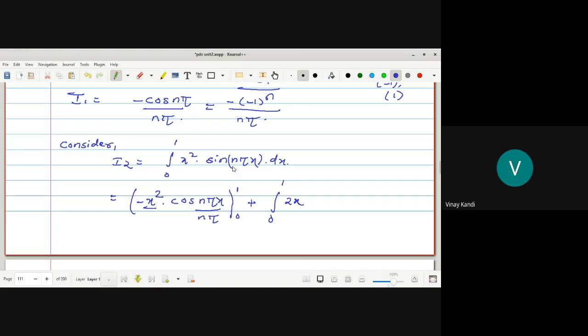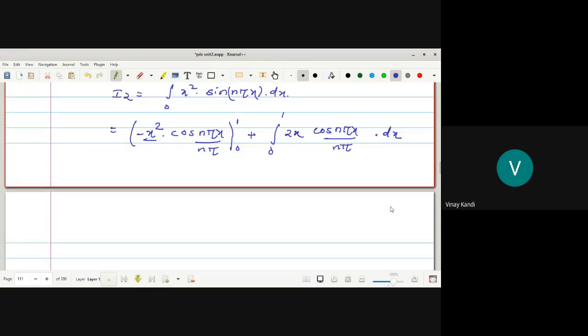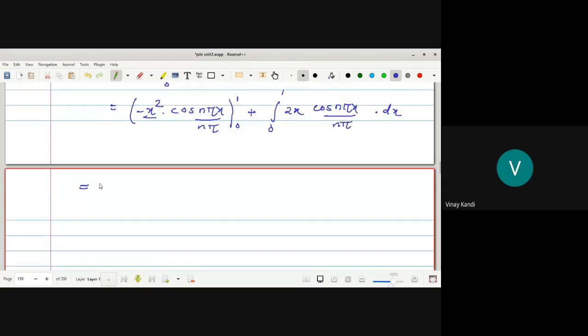Integration of sin is cos n pi x divided by n pi, and minus minus, plus झाला इथं. Okay, into dx, which is equal to minus x square into cos n pi x divided by n pi over limit 0 and 1. This is plus.